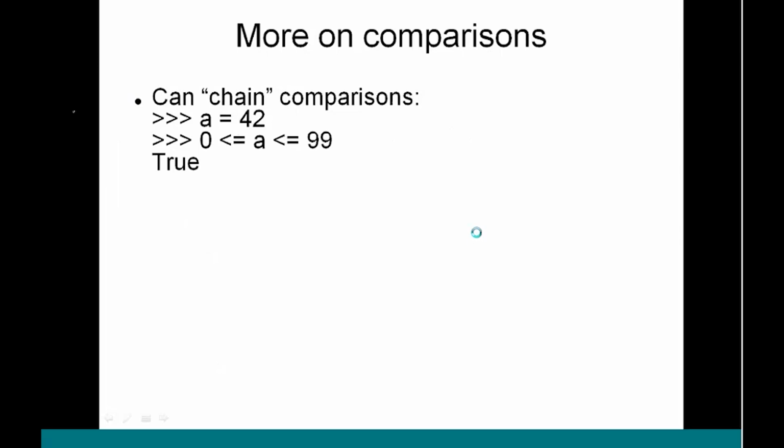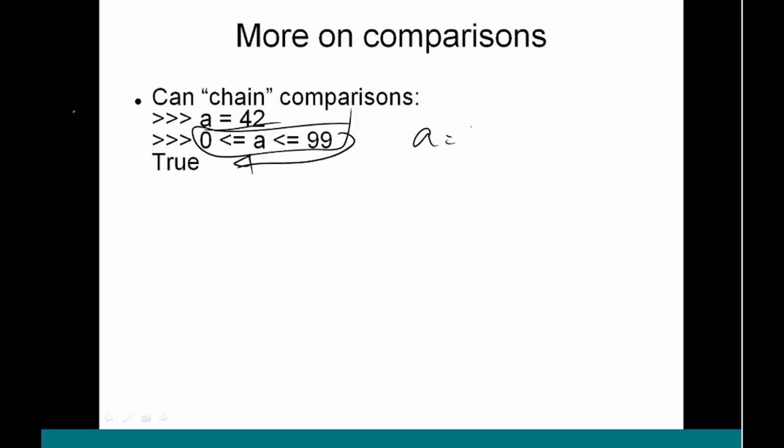And in Python, one thing that you can do is chain these comparisons. You can define multiple inequalities, multiple equalities, multiple comparisons in the same line. Again, this goes to that shorthand notation that we talked about. So here, 0 less than or equal to A less than or equal to 99, and if A is 42, this expression will return true.